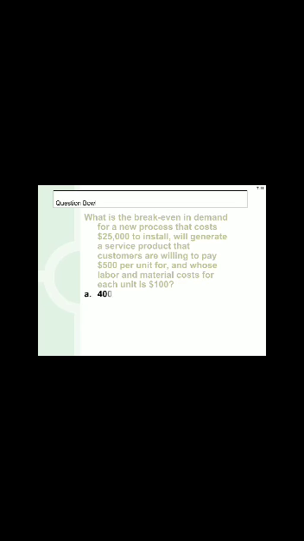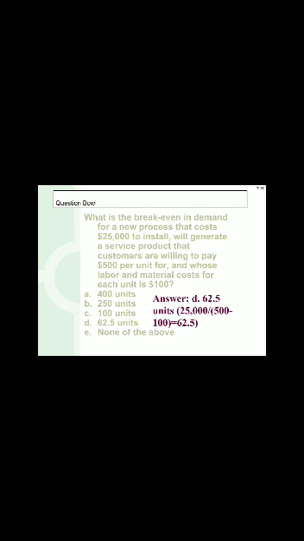So by using the same formula, you can now determine how many units will be required to break even. Is it A, 400 units, B, 250 units, C, 100 units, or D, 62.5, none of the above?